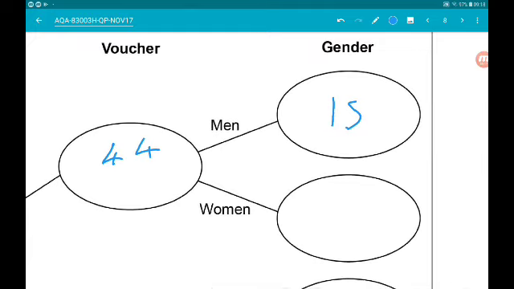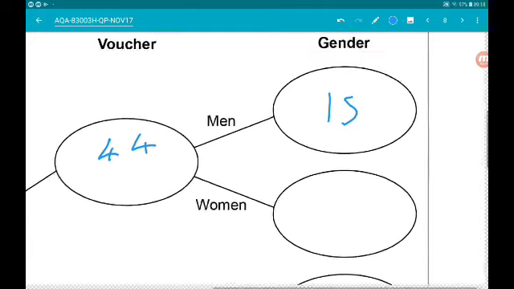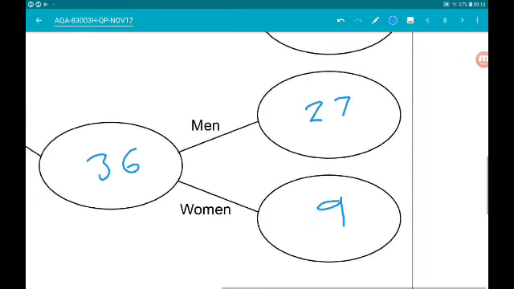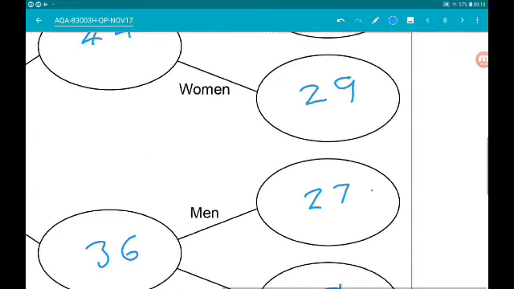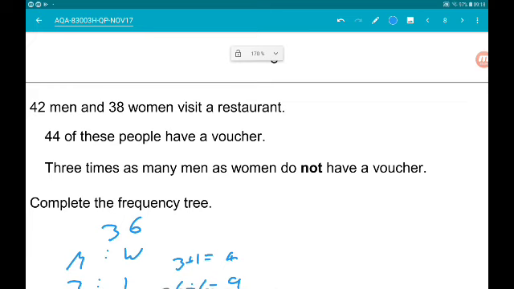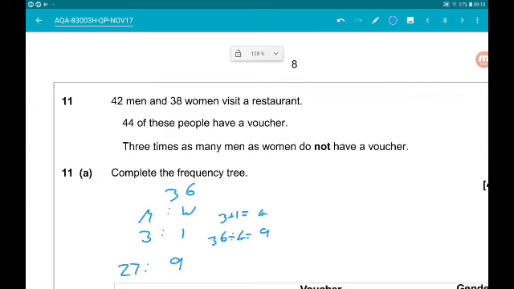Then we know in here there's 44 people altogether, so that means there are 29 women with a voucher. Just make sure that adds up. So 9 plus 29 does give us 38 women. Good times.